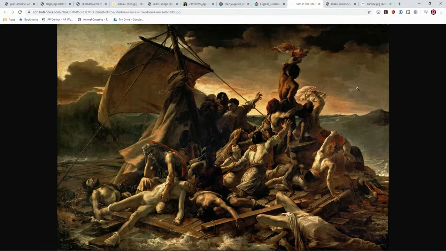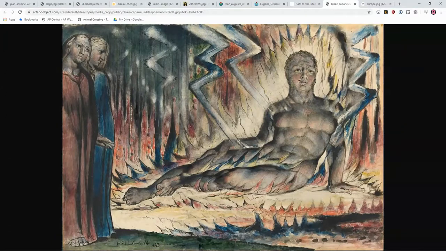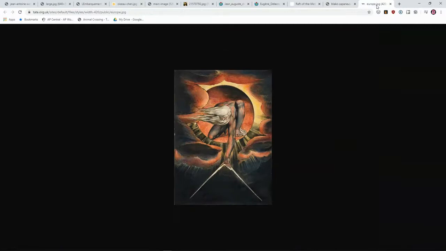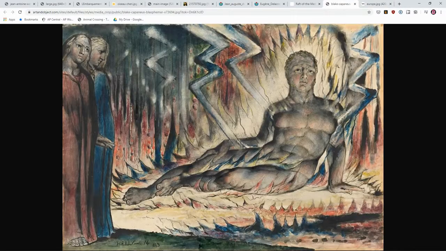For Theodore Jericho, you might remember the Raft of the Medusa, which was talked about in the resource last year quite a bit. Again, a historical subject matter aspect of Romanticism. And then William Blake. I hope I got the right William Blake. He's got some interesting stuff going on.